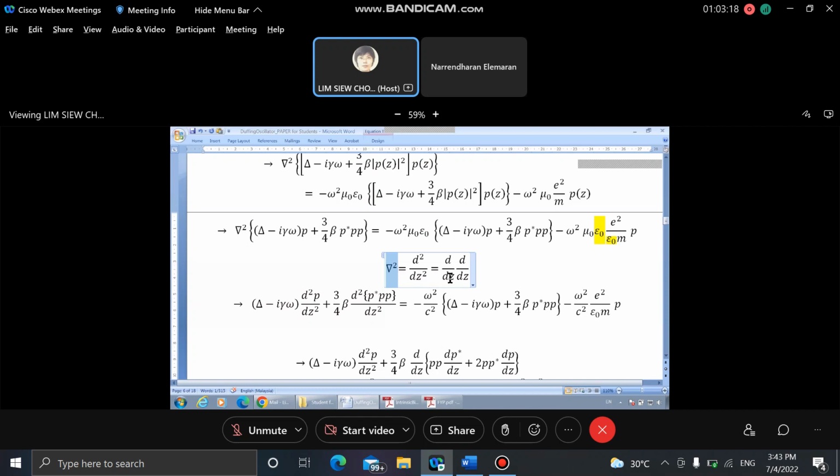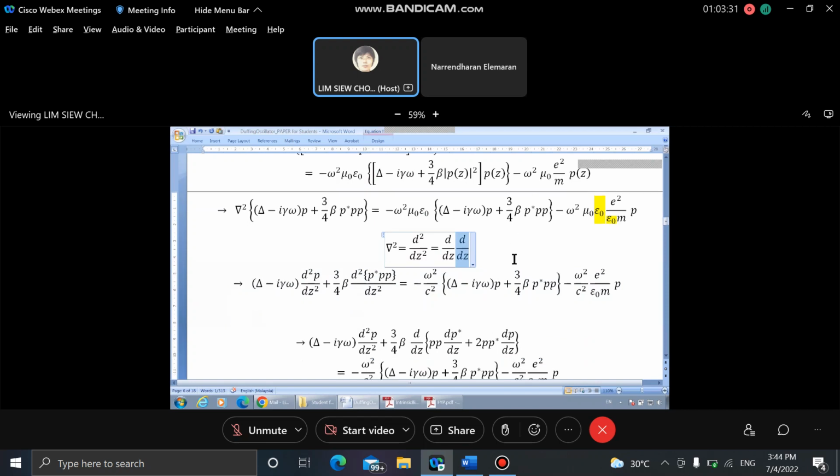The dimension of space is z. So the del square here becomes d squared over dz squared. In other words, it is d over dz followed by d over dz. So del square here is replaced by d squared over dz squared.